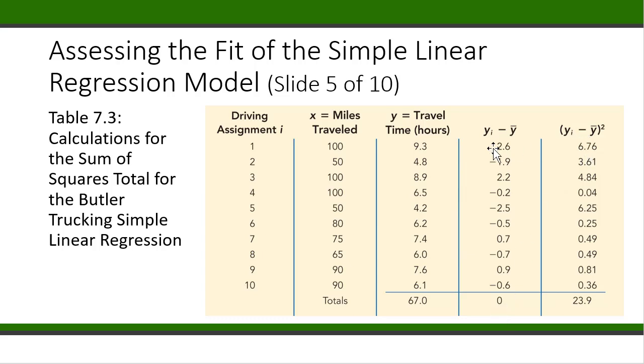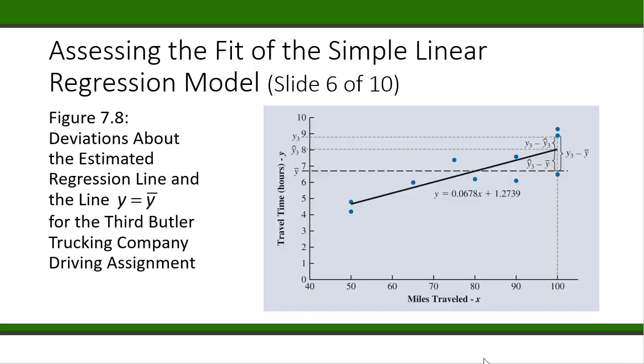And then we square each one of these observations, and we get an SST of 23.9. So notice here we've put in the equation for the regression line, that the data clusters around the line more than it clusters around just the average for y line, which is right here.